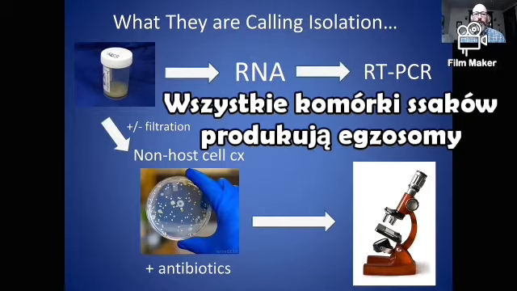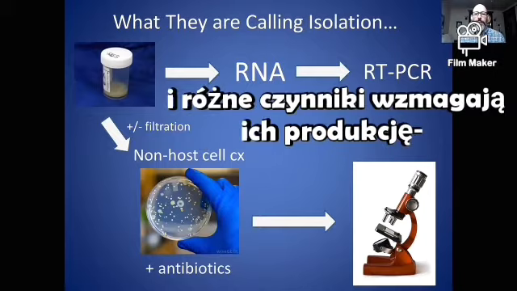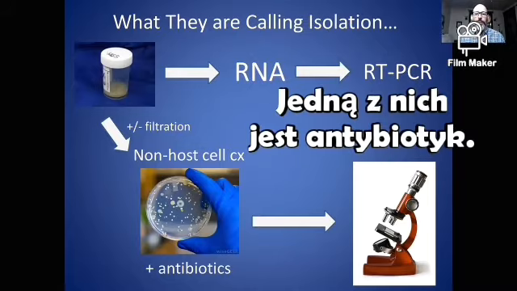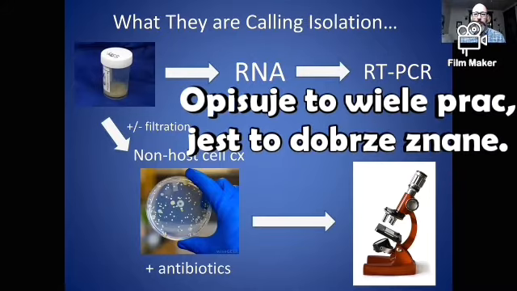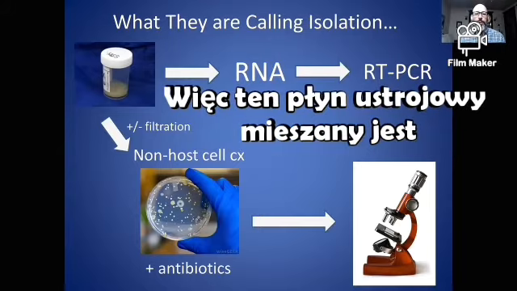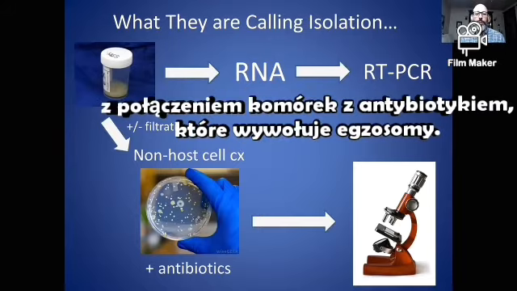And all mammalian cells make exosomes, and various things cause the cells to make more exosomes, or induction of exosomes, and one of those is antibiotics. And there are several papers that describe this. It's very well known.